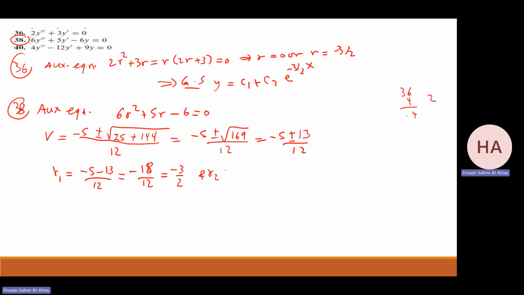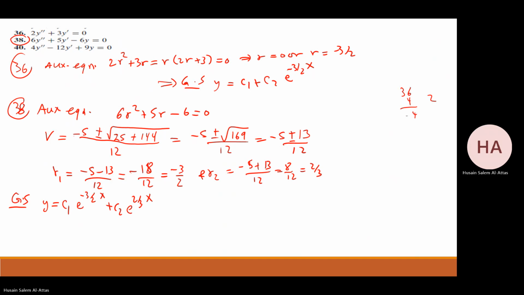And r2 equals minus 5 plus 13 over 12, which is 8 over 12, which is 2 over 3. Okay, so what will be the general solution? y equals c1 e to the power minus 3 over 2 x plus c2 e to the power 2 over 3 x.